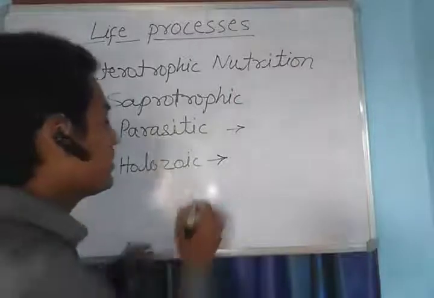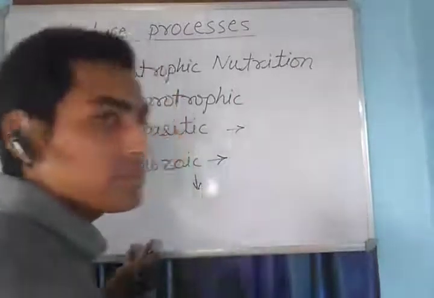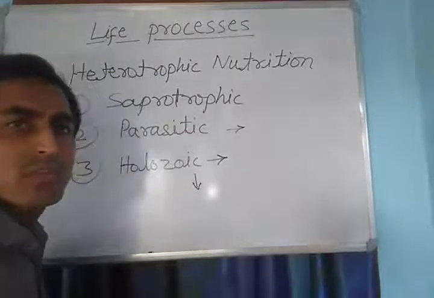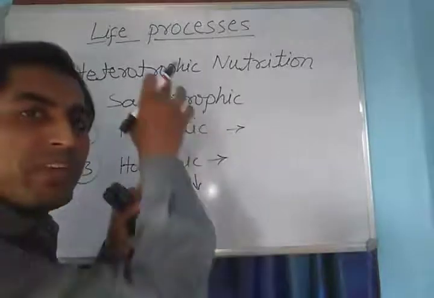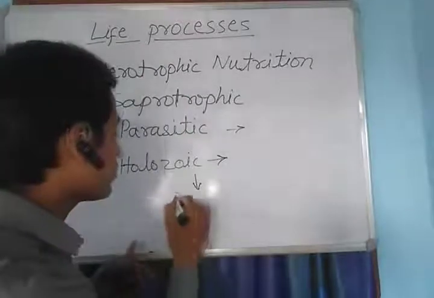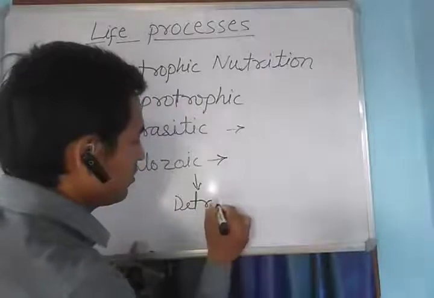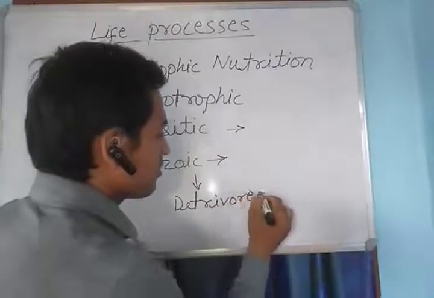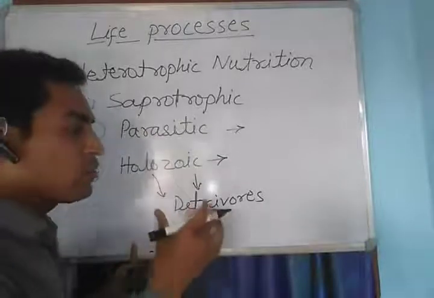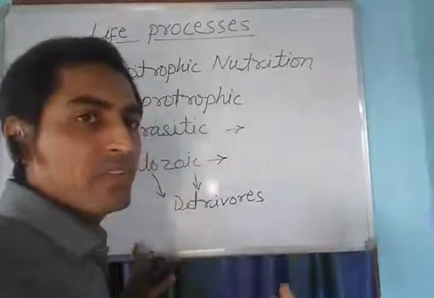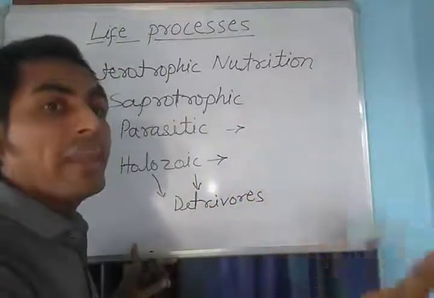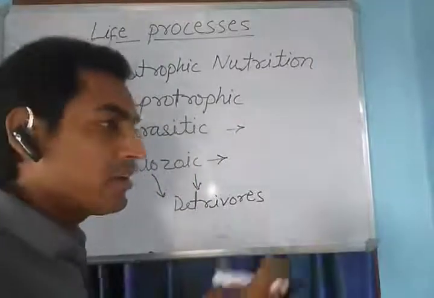It is divided into herbivores, carnivores, and omnivores, which we have discussed in previous classes, and a very special one, detritivores. Detritivores are the animals which take food from dead animals or dead bodies.